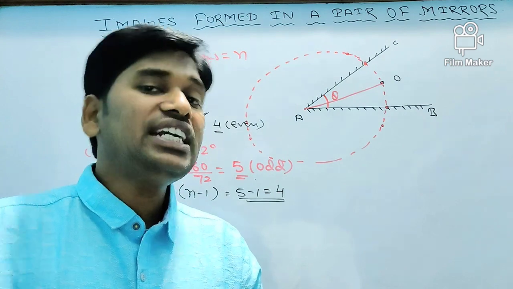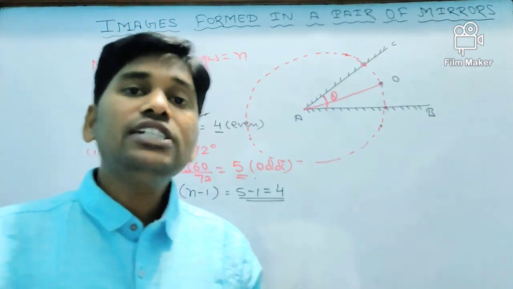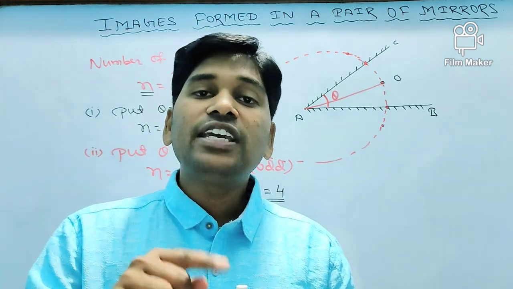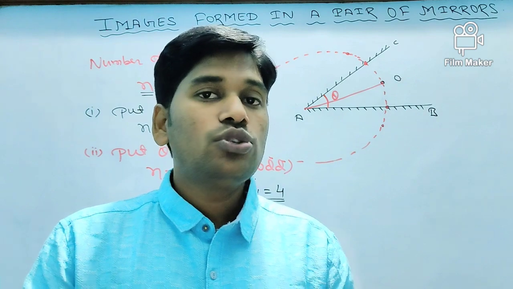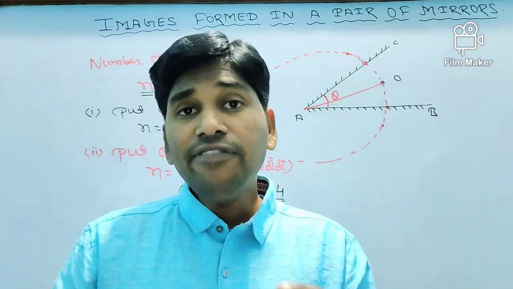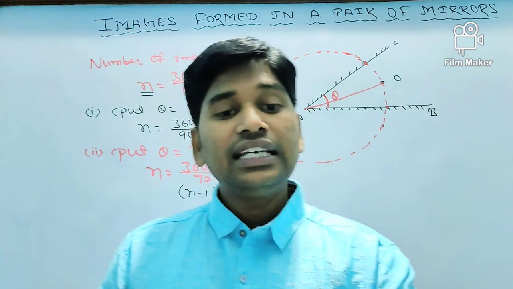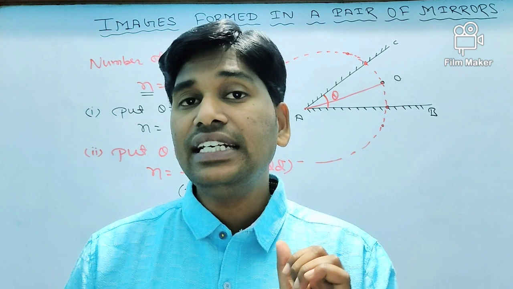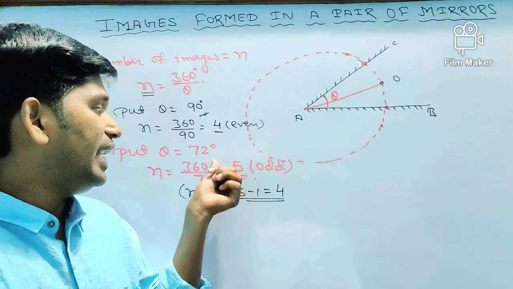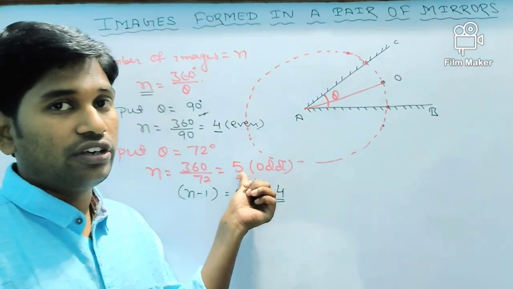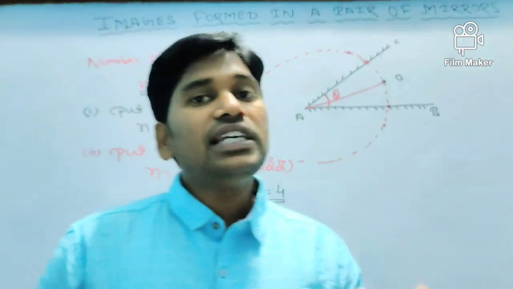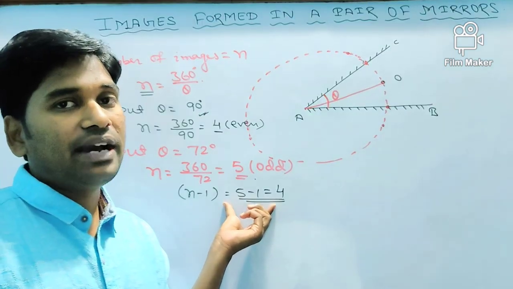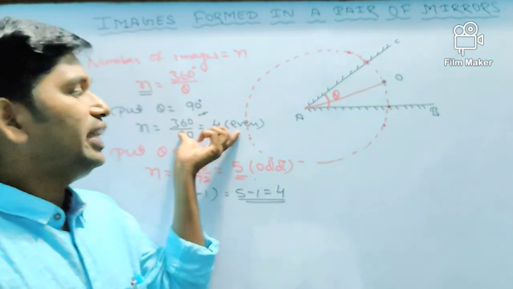Because when the object is placed on the bisector, then two images overlap, due to which the number of images decreases by 1. So we can say, if the object is placed asymmetrically, means not on the bisector, then the number of images will be n, if it is odd. And if it is placed symmetrically, then the number of images will be n minus 1. And same for the even.